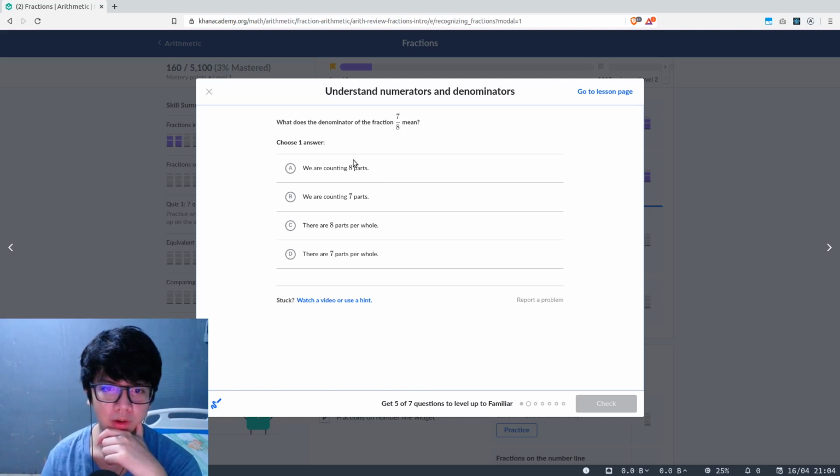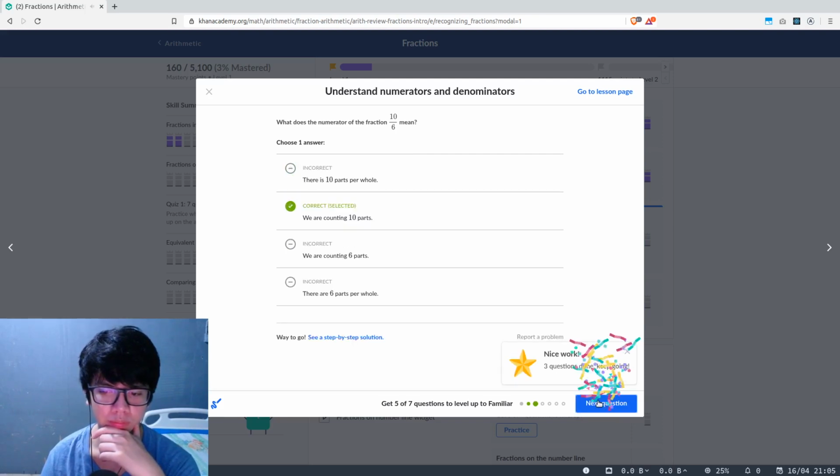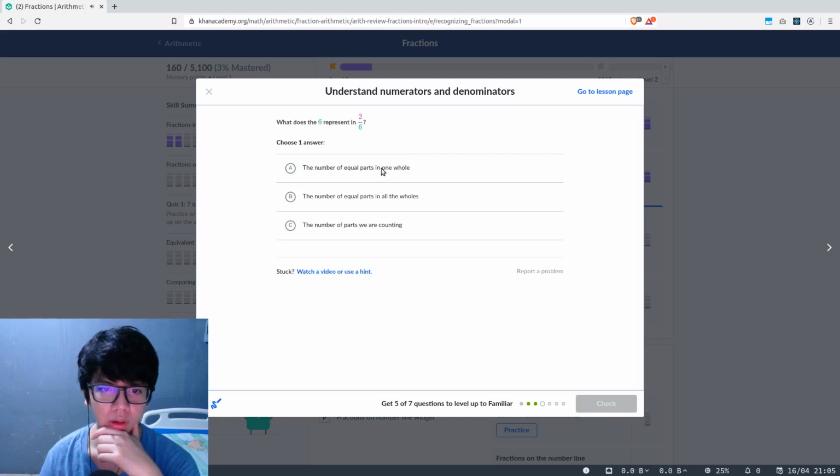What does the denominator of the fraction mean? What does the number in the fraction 10/6 mean? Numerator. 10 parts per whole, no, not 10 parts. Oh, okay.